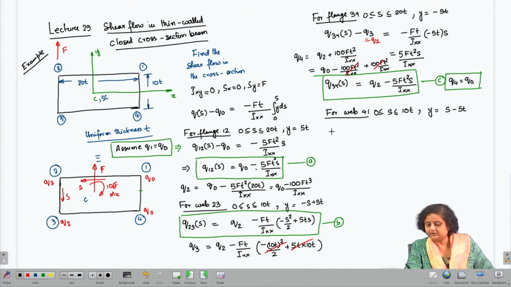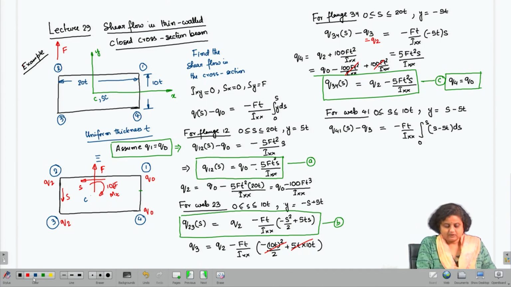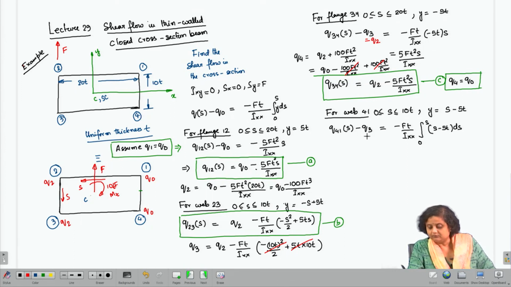So, if we substitute that, then Q41 S minus Q3 is minus, now in turn Q4, sorry, this is Q4.